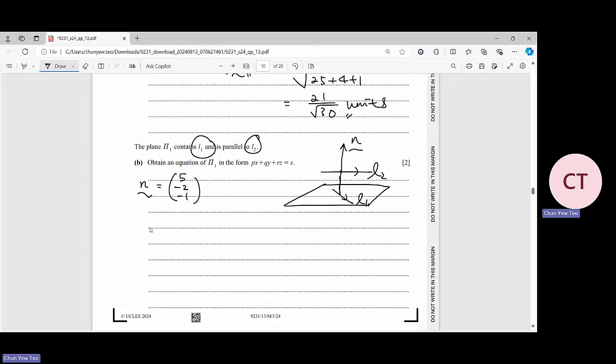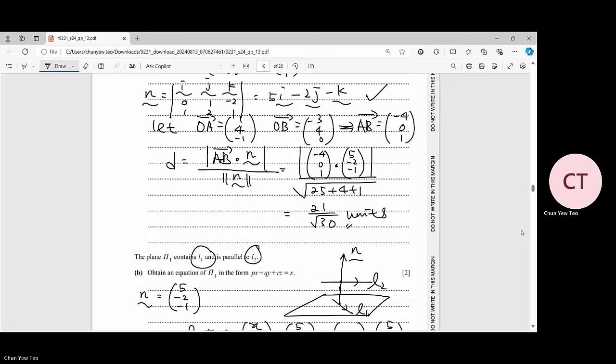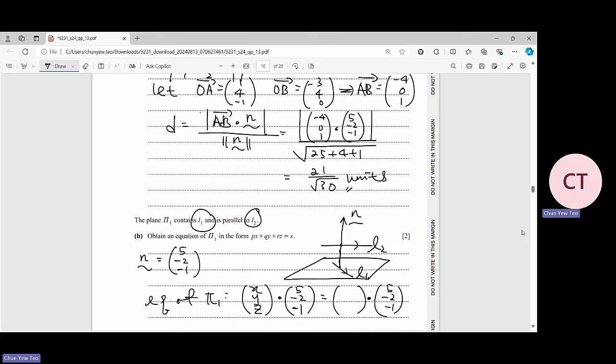Okay, so your equation of pi 1 will be like this. This is the x, y, z. This is the normal, (5, negative 2, negative 1). This one is the point on L1.